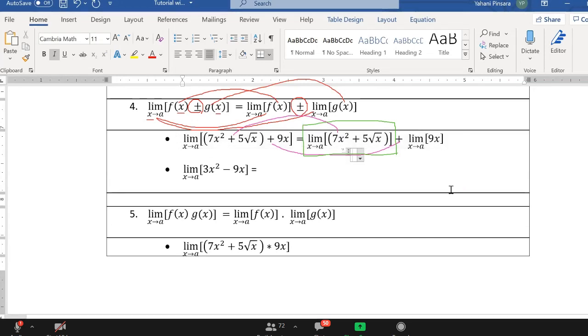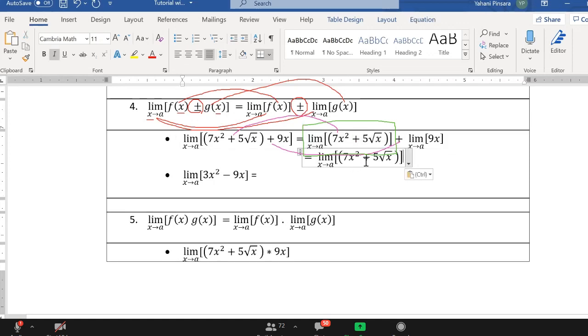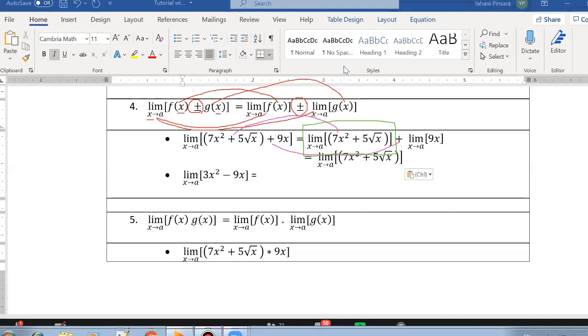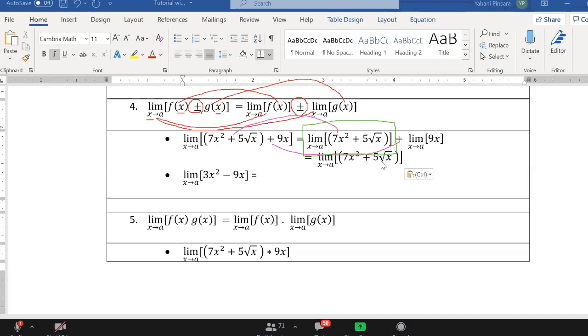So here it should be equal to... here what happens is you have to take this also.